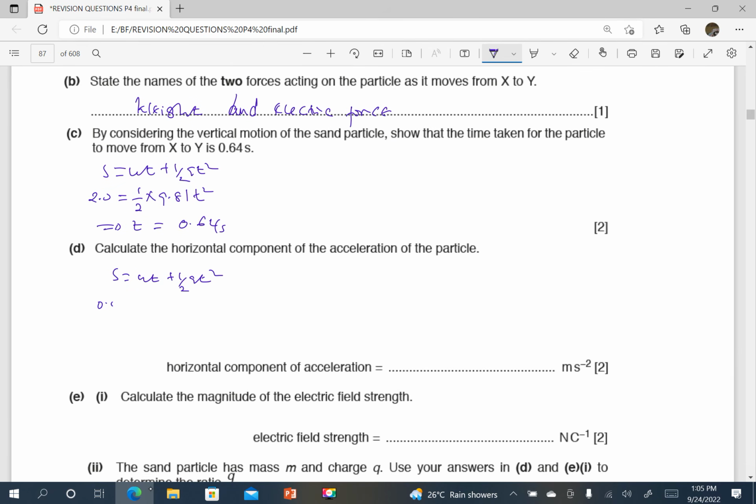Since it is initially at rest, 0.08 equals a half times the acceleration, which I want to find, times the time squared. Of course, the time will be the same, 0.64. When I press my calculator, I obtain 0.39.